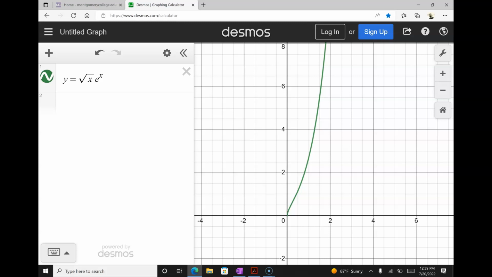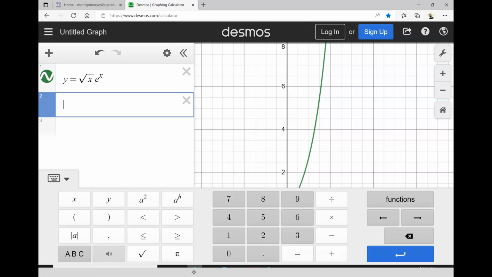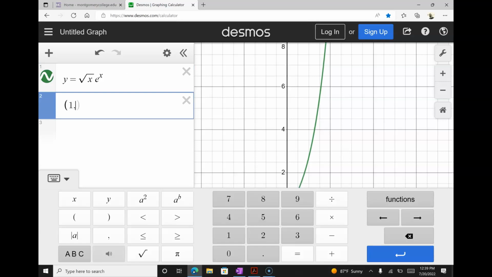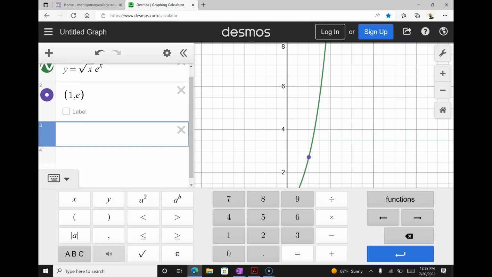How about 1 comma e? Make it easy, right? So I picked anything I wanted in the domain, right? You with me? When I'm doing a tangent line, I can pick any x value that's in the domain. And I plug it in to get the y value, right? Everyone agree with 1 comma e? Yeah? Yes, it is. Yep, thanks.